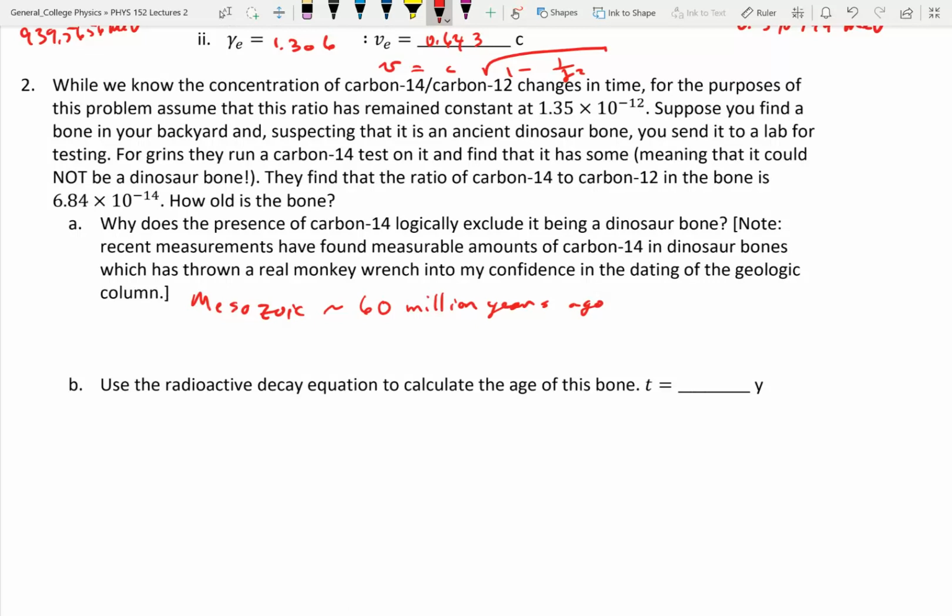I actually didn't look it up, but my recollection is 60 million is in the middle of the Mesozoic. So if we're looking at something 60 million years old, we think, but the half-life for carbon-14 is equal to 5,730 years. So if you go 5,730 years, you cut it in half.